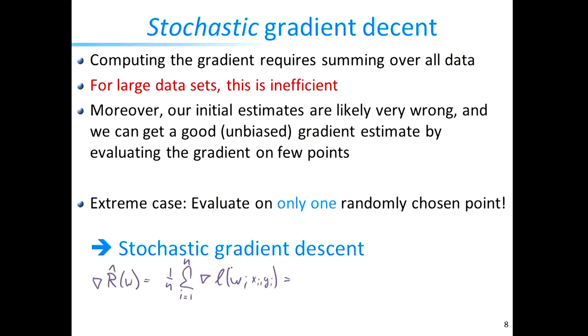An average, we can always interpret as an expectation. So you can think of this as an expectation, over the index i drawn from the uniform distribution on 1 all the way up to n, of the gradient of the loss of w with respect only to this randomly chosen data point.